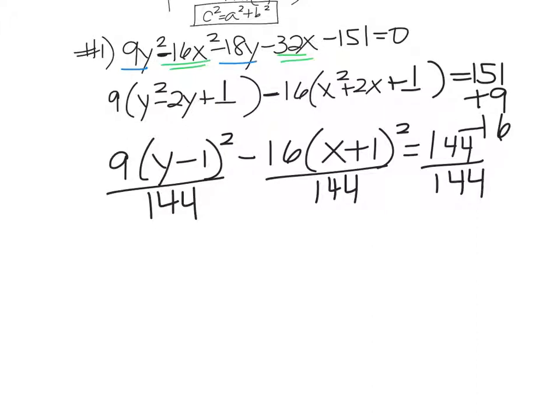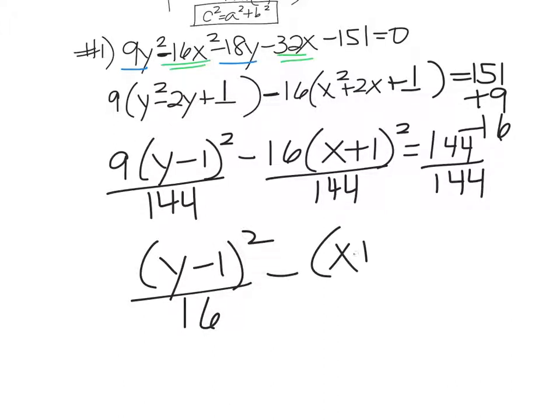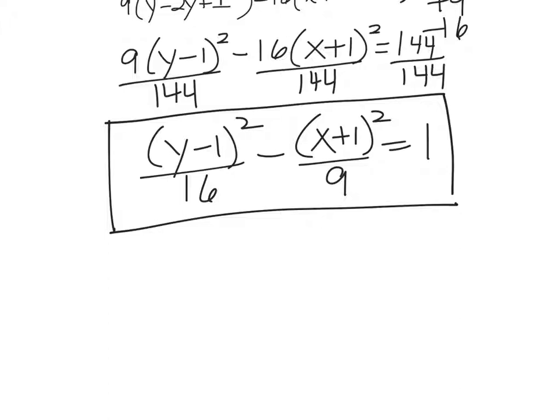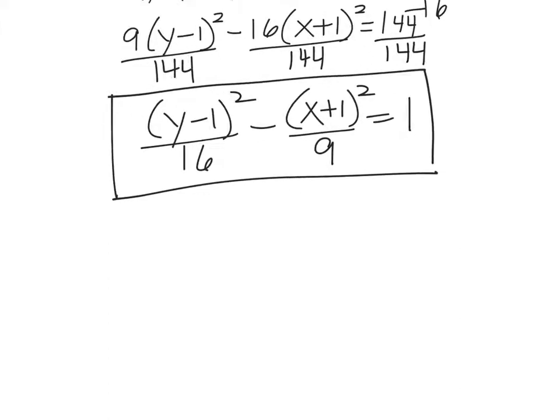So you get (y minus 1) squared over 16 minus (x plus 1) squared over 9 equals 1. So beautiful, the way they make these work. That would be, as the book would call it, to prove that that's a hyperbola. I would say write it in standard form for a hyperbola. That's the way I would word it.